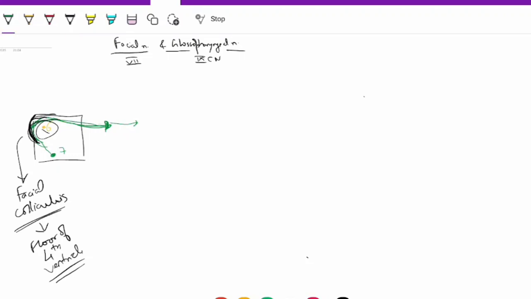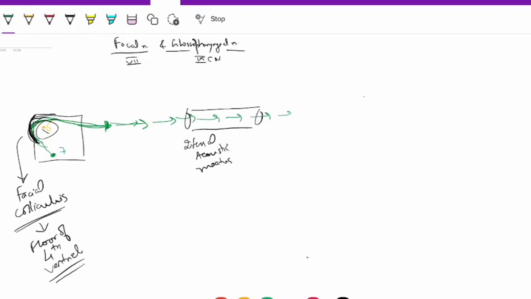Now your facial nerve has taken a turn, it is traveling forward. Now the facial nerve travels in something known as the internal acoustic meatus.